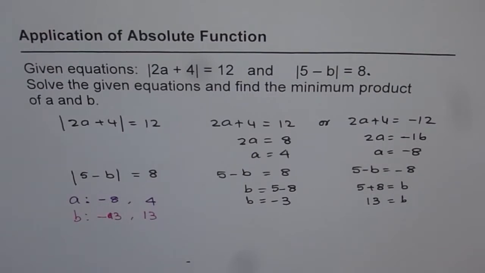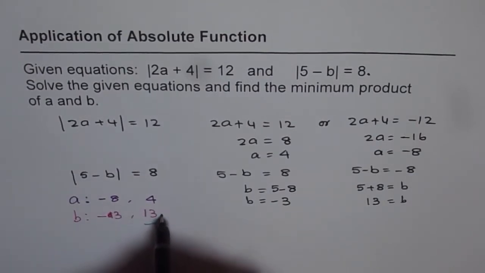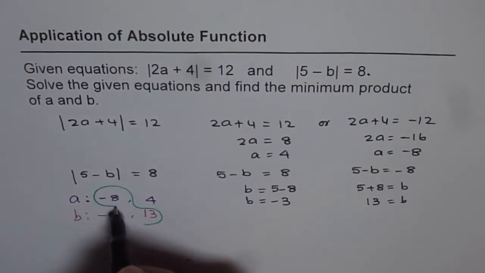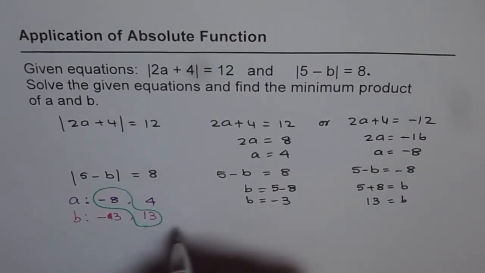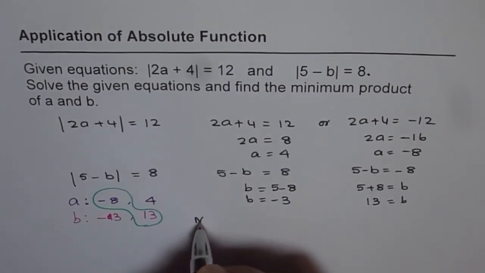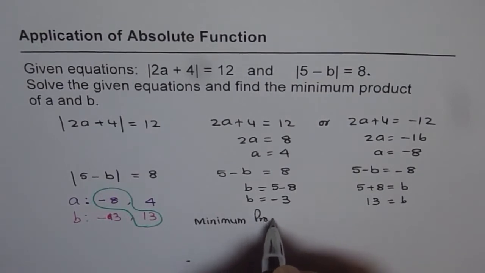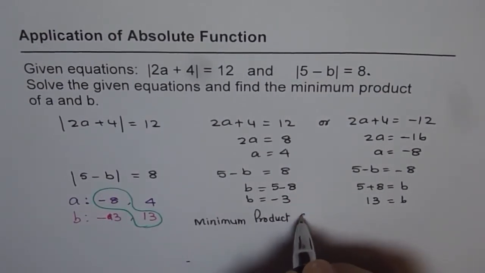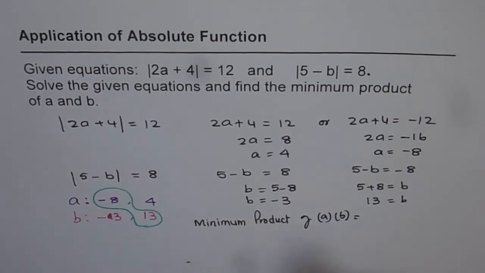Now we are looking for the minimum product, right? Minimum product means we are trying to multiply two numbers to get a negative, and minimum value means highest absolute value, right? So that should give you the minimum product. So we can write down our answer: the minimum product of a and b should be equal to minus 8 times 13, right?